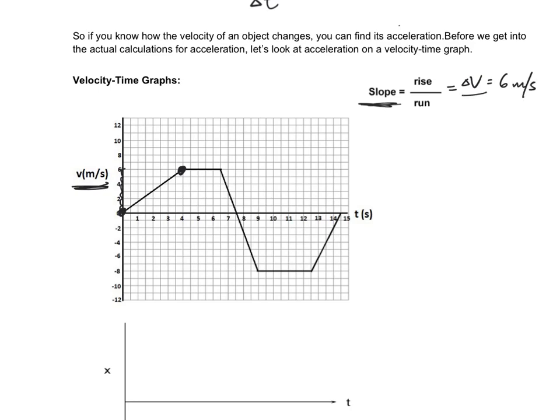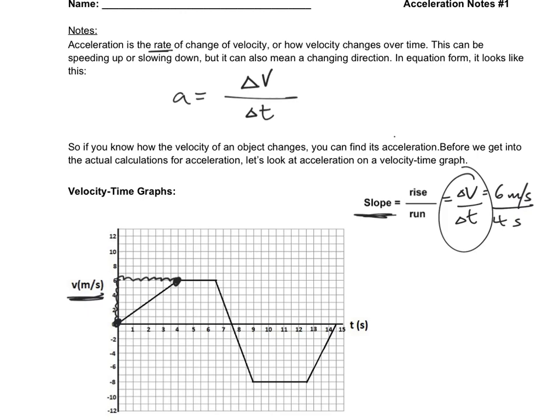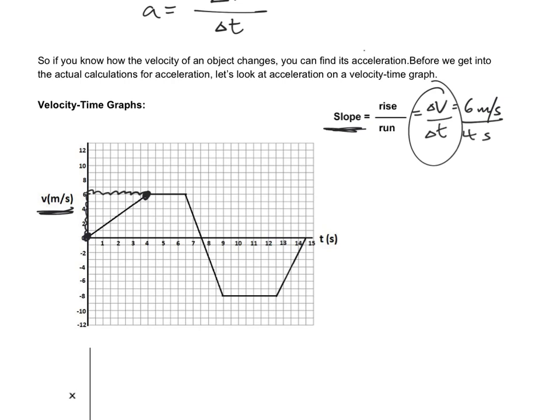And then our time is the run, so 1, 2, 3, 4, 5, 6, 7, 8 squares, but each is worth a half, so it's 4. Change in time is 4 seconds. So your slope here you get is delta v over delta t, which is the same as acceleration. So the slope of a velocity time graph, in this first case here, the slope being 1.5 meters per second squared, that slope for a velocity time graph equals acceleration.